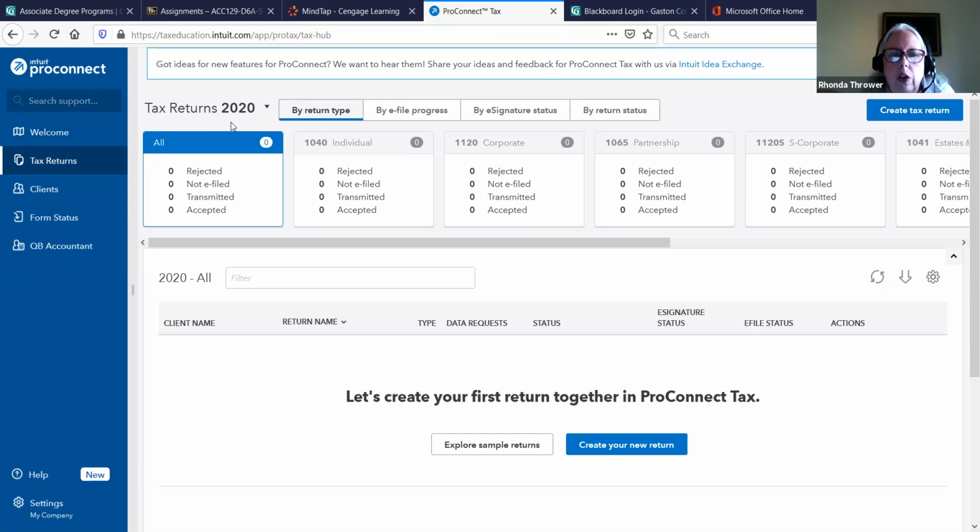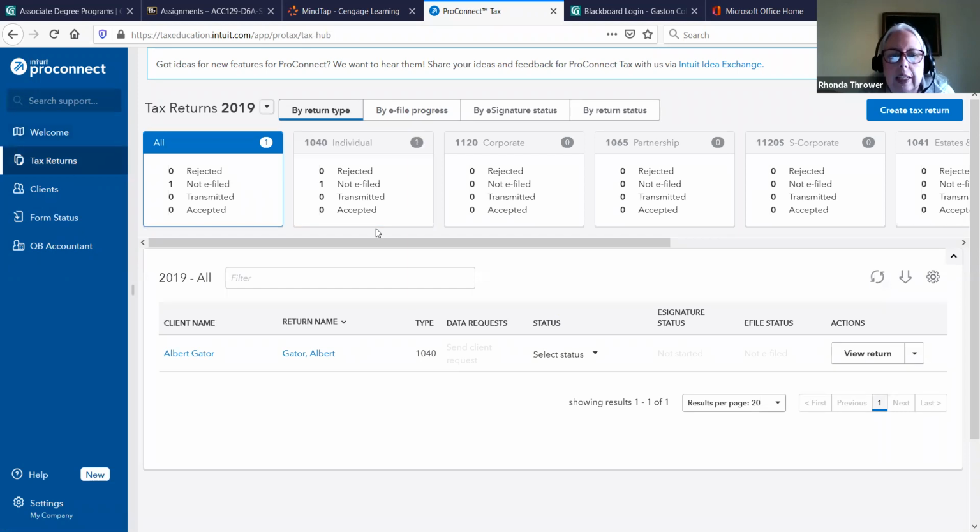Notice it brings up the tax returns for 2020, and this comprehensive problem that we're doing is coming from 2019. So I'm going to click on 2019. It's going to bring up what you have already completed from your previous chapters. I'm just going to click on the client name, which was Albert Gator.